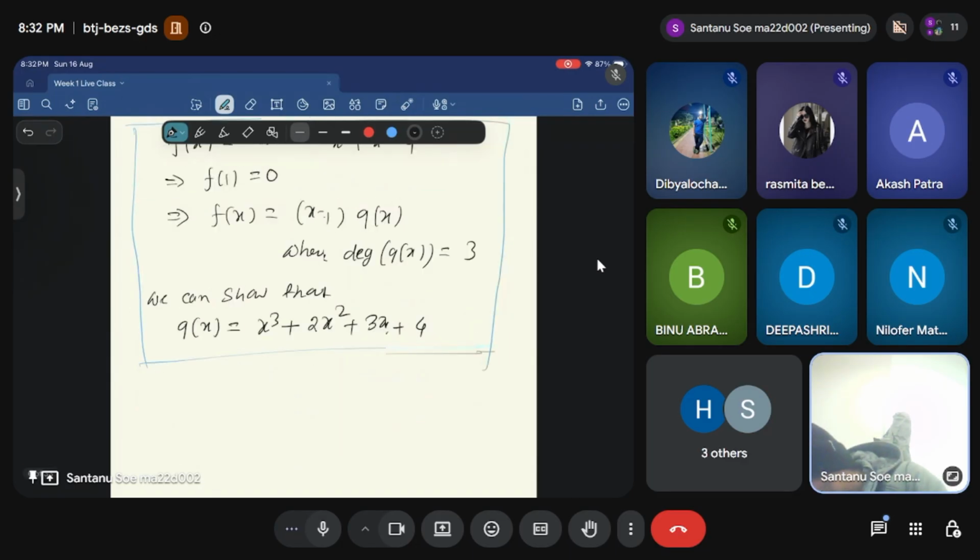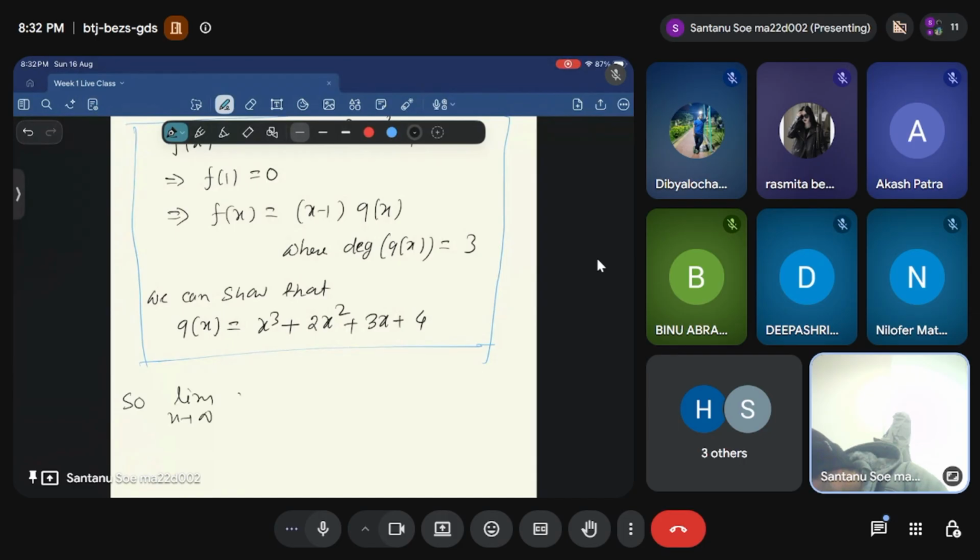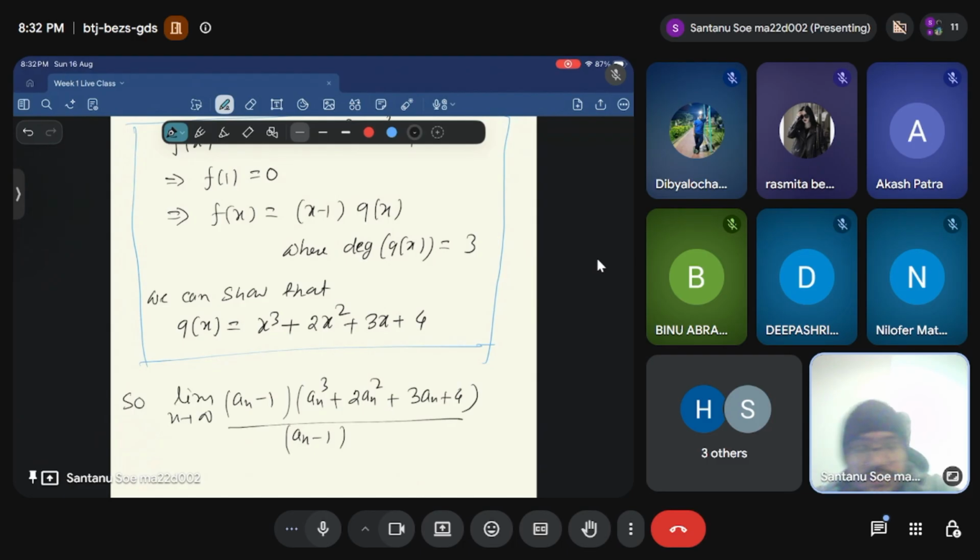So, limit n tends to infinity of (an minus 1) into (an cube plus 2an square plus 3an plus 4) divided by (an minus 1). Now we have already written in the question that an is never 1 for any n.